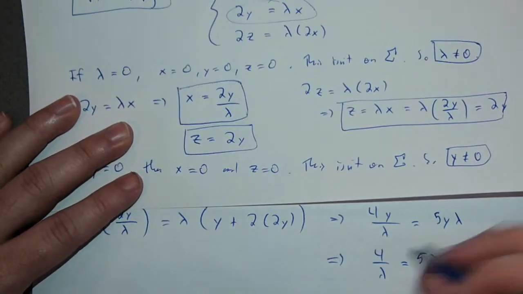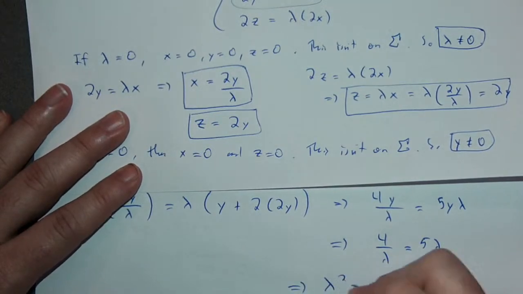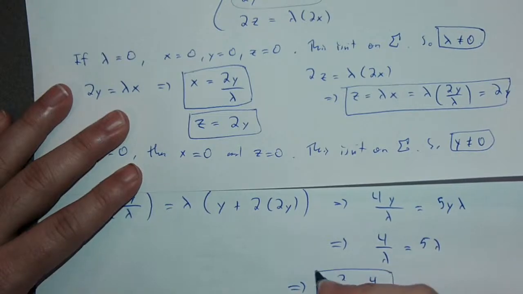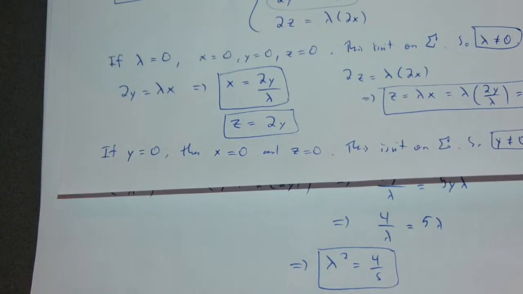Which, of course, means that lambda squared is equal to 4/5. How does this help me?